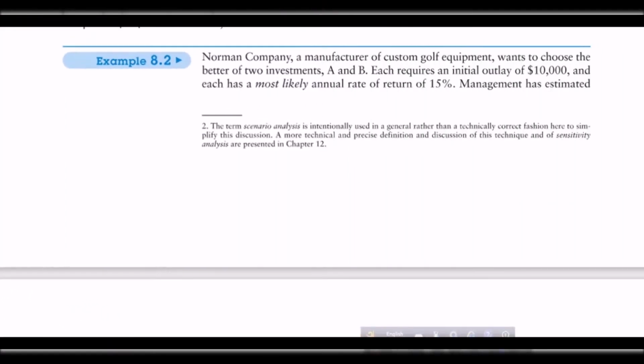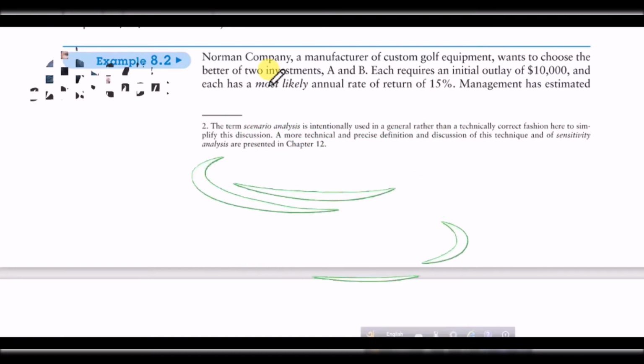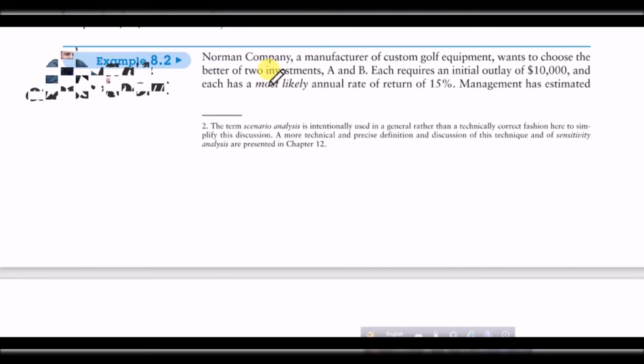Today we will try to discuss risk assessment examples. In the previous classes we have discussed what is risk assessment.